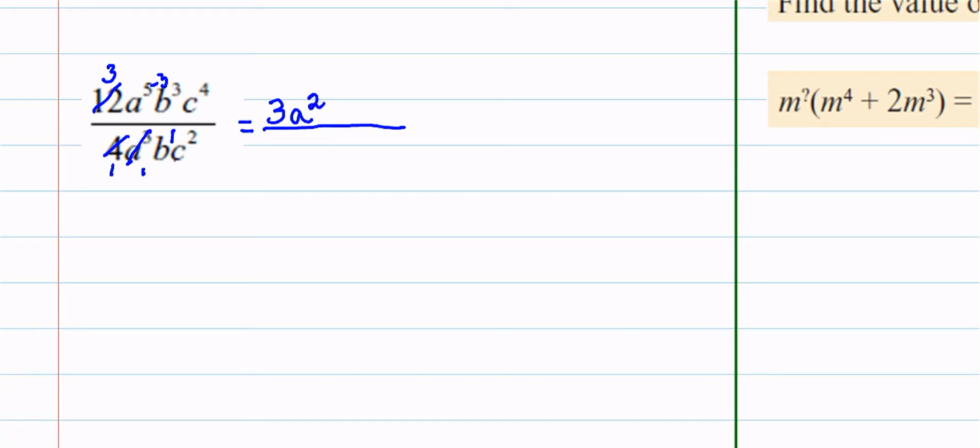B cubed over b to the first power. The smaller exponent is going to cancel. It's going to go up to where the larger one is and be subtracted from it. So we'll have b to the second power here as well. Similarly, the c squared will go on up to be subtracted from the 4, and we'll have c to the second power.